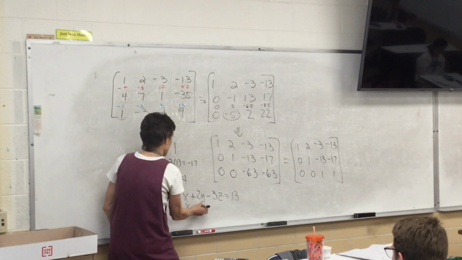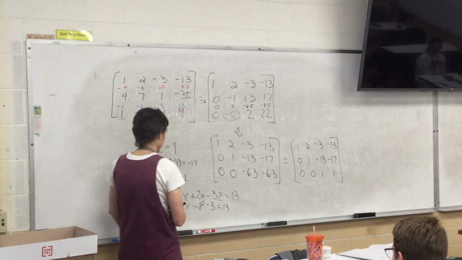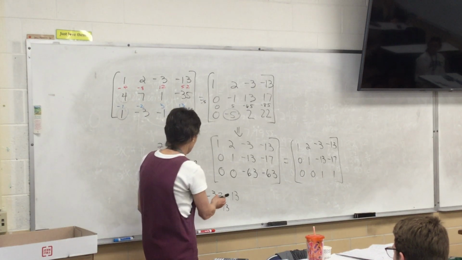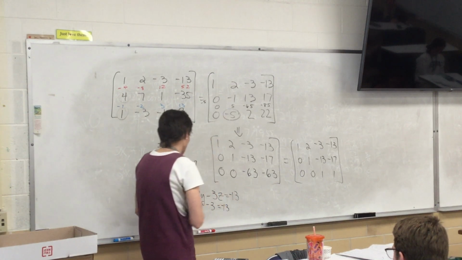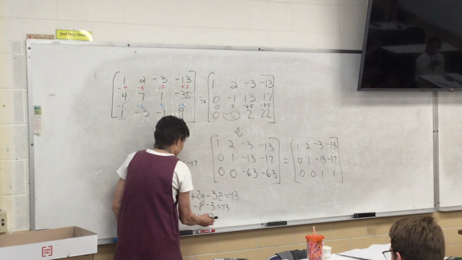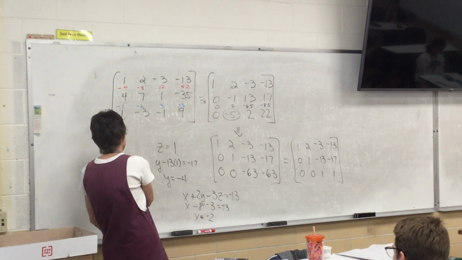So x minus 8 minus 3 equals 13. Oh, wait a minute. I think it's negative 13. Negative 13. So that comes out to be negative 2. So that's my answer.